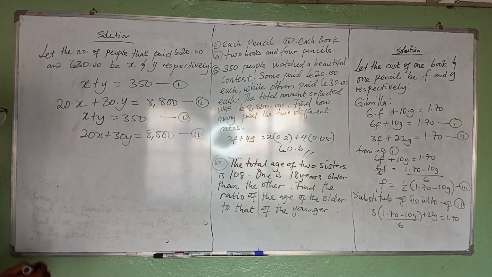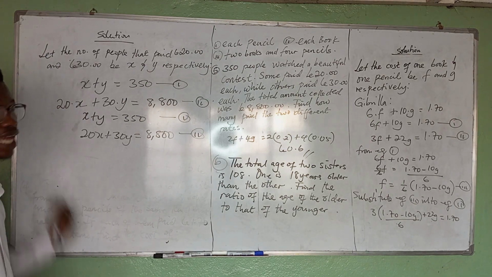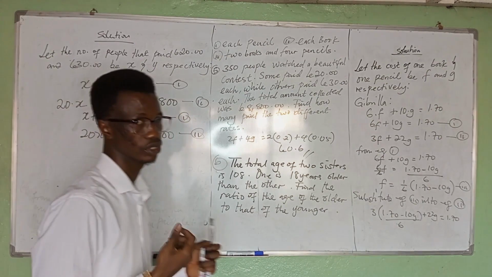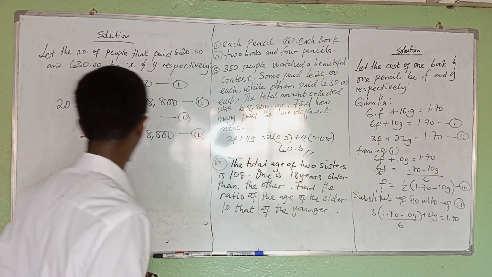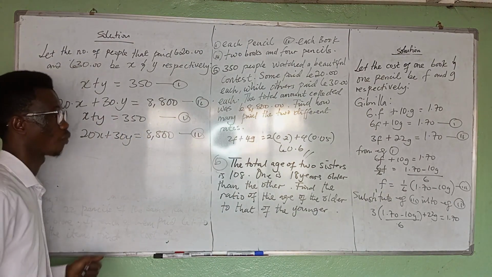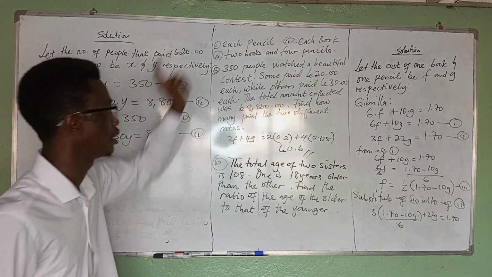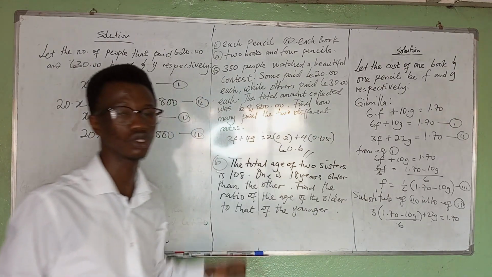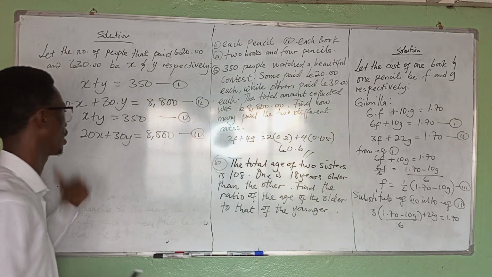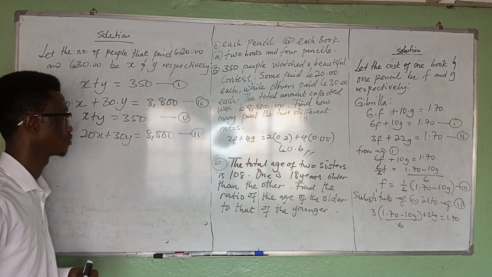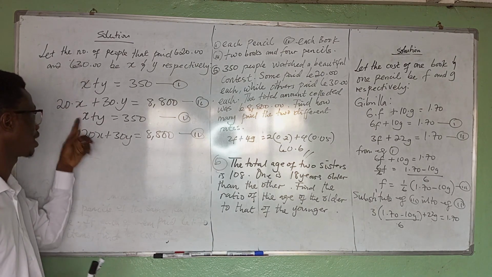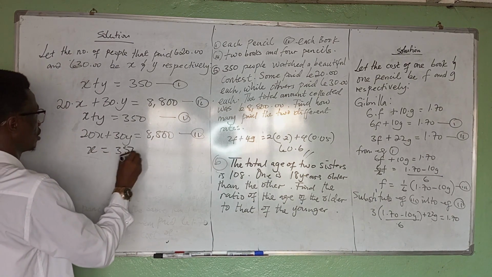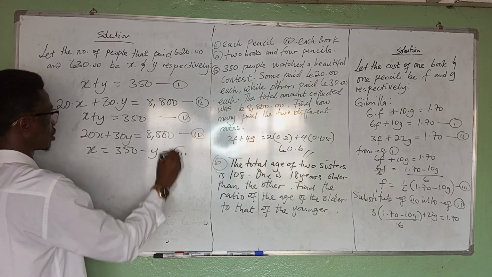Solve equation 1 and equation 2 using either the elimination or substitution method, whichever you are comfortable with, and see what you have for x and what you have for y. That will be how many people pay the two different rates, those that pay 20 and those that pay 30. So from equation 1, make x the subject: x is 350 minus y, this will be equation 3.